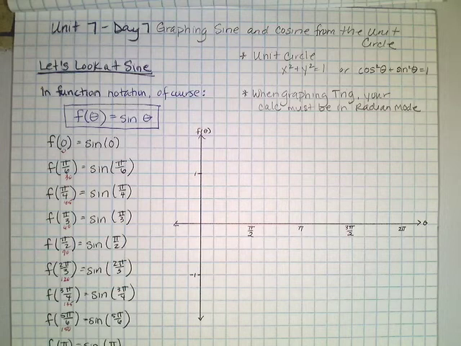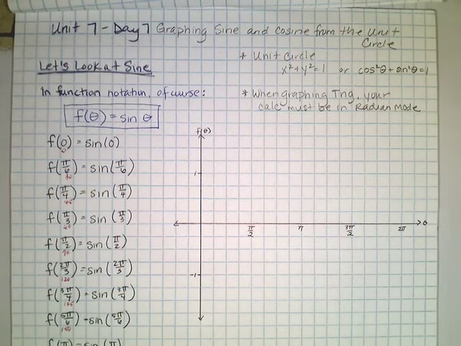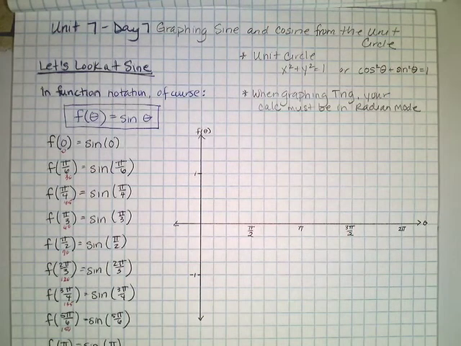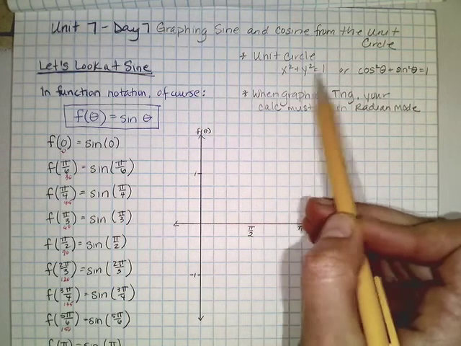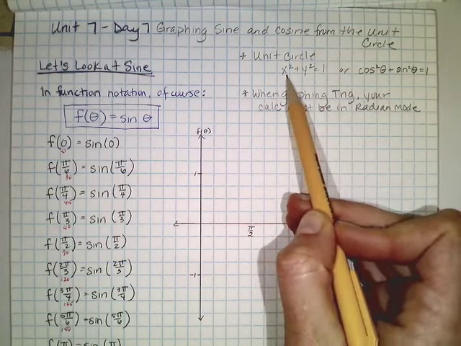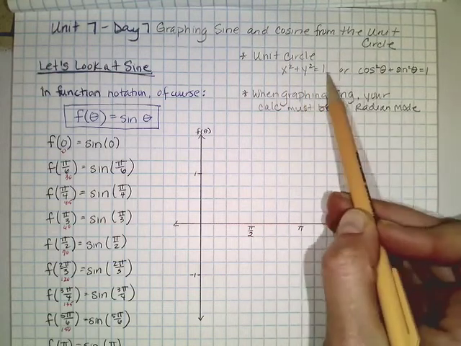Essentially, we already know where all the values for these curves come from because they're all in the unit circle. One quick thing to remember is that the unit circle comes from the equation x squared plus y squared equals 1, where your center is 0, 0 and your radius is 1.